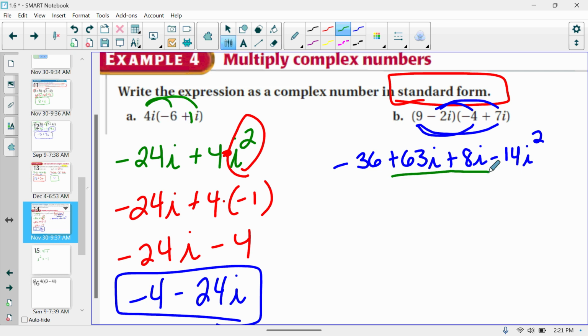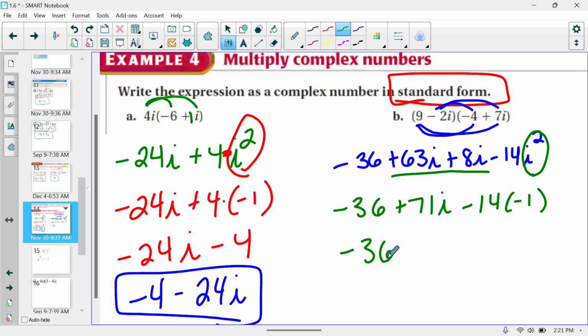So let's go ahead and combine these imaginary parts. 63i plus 8i is going to give us positive 71i. We're going to change this to be -14 times -1. So if you want, you could go straight to writing positive 14. I will always show every step when I'm teaching it, okay?